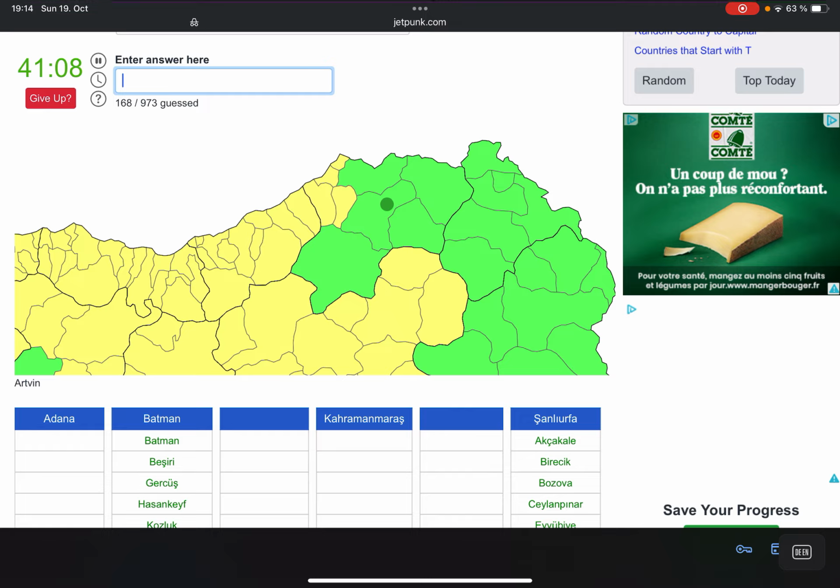I think, if I'm not mistaken, this root art means something like city in Armenian. I might be mistaken on this, but it's very noticeable that many of these cities next to Armenia start with these three letters, ART.